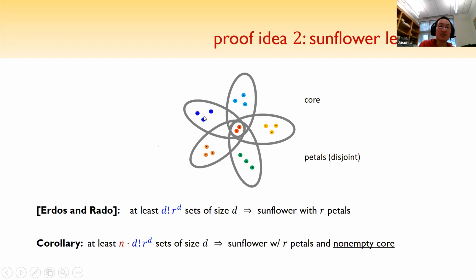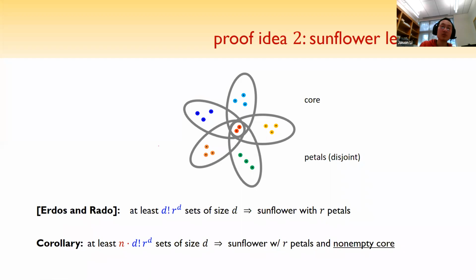Now, the petals need to be disjoint, and also they must be disjoint from the core. So again, it's this picture. And a well-known statement of Erdos and Rado is that if all the sets are of bounded size, and there's no sunflower with a bounded number of petals, then the total number of sets in the family must be bounded.